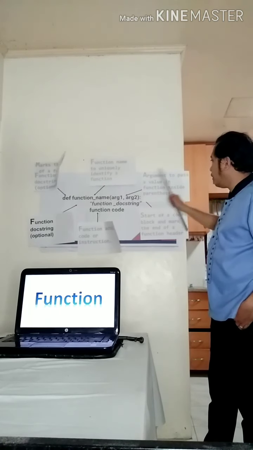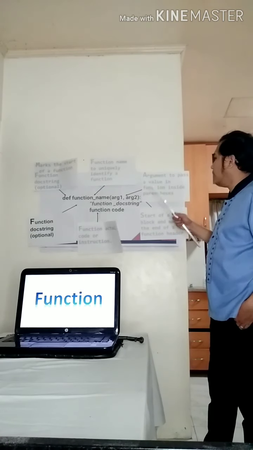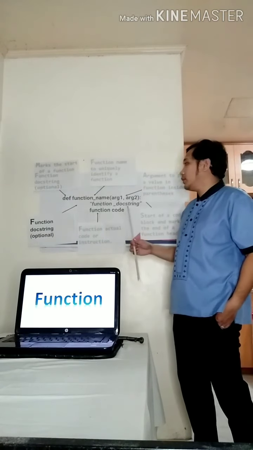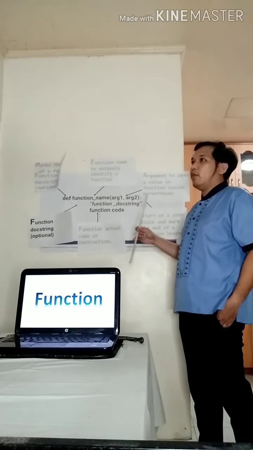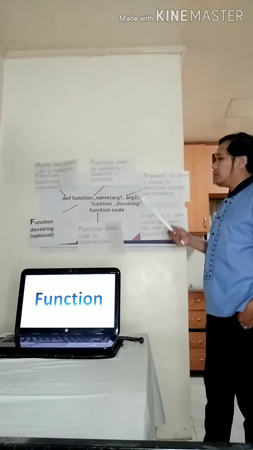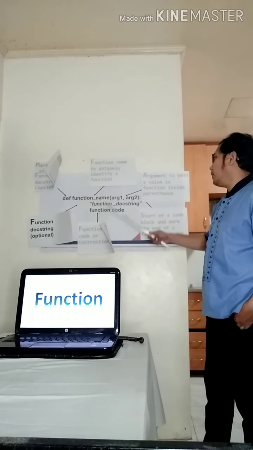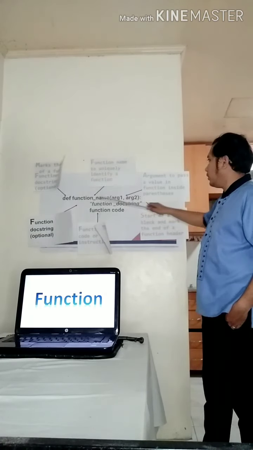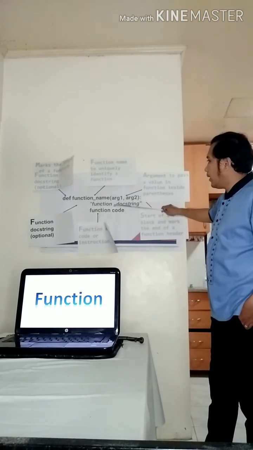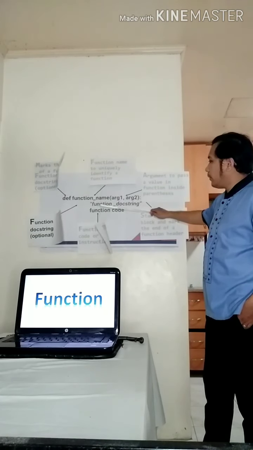And then followed by the colon, which starts our code block. Compared to other programming languages, there are no open and close brackets in defining a function in Python, so it's much easier. Then followed by the optional docstring, a simple description of what our function will do, and then the main code of our function.